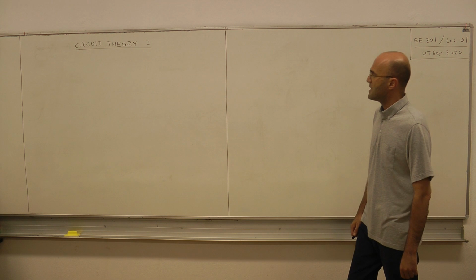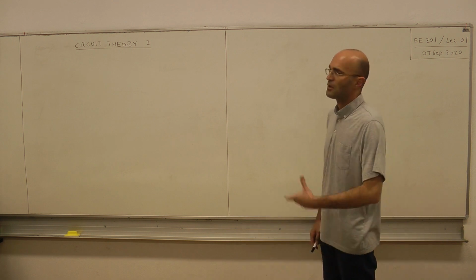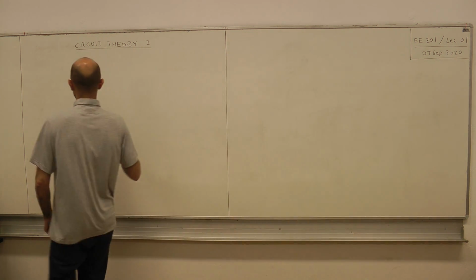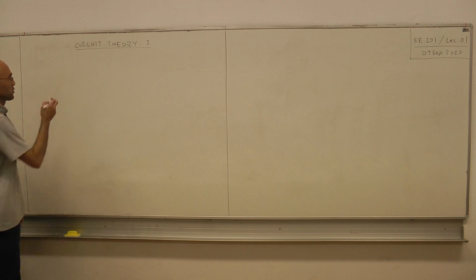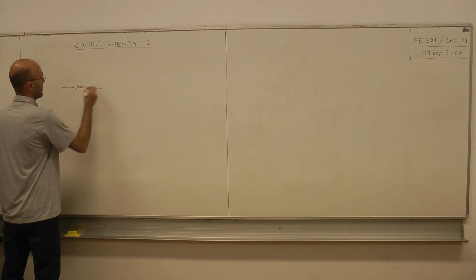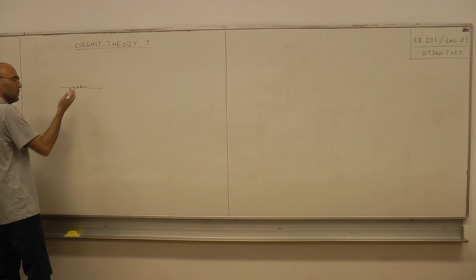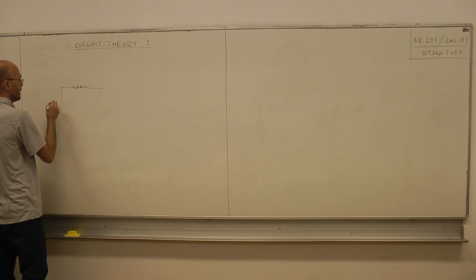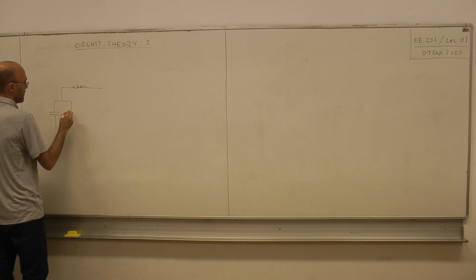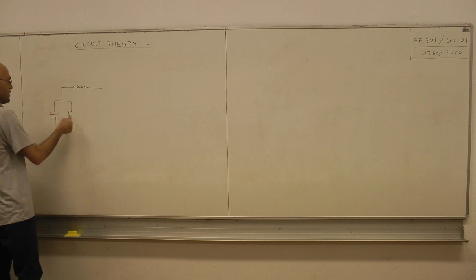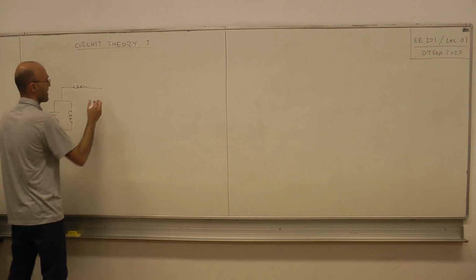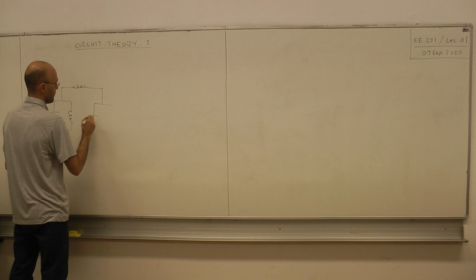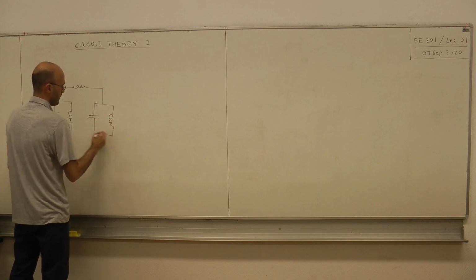Another motivation could be, for instance, okay, let me draw a picture. Consider an electrical circuit. Okay, here this is an inductor. Well, we'll define all this later on. Here we have a capacitor and inductor connected in parallel, and then here we have another pair.